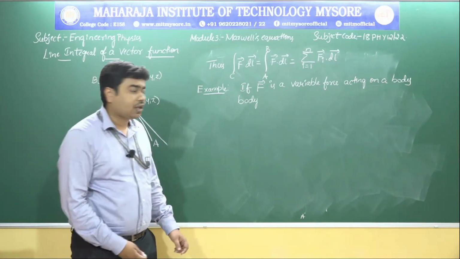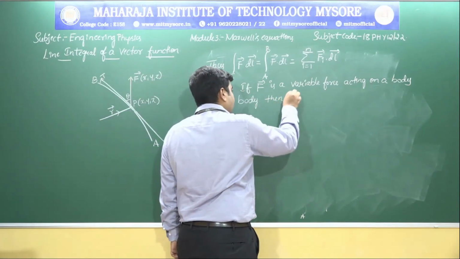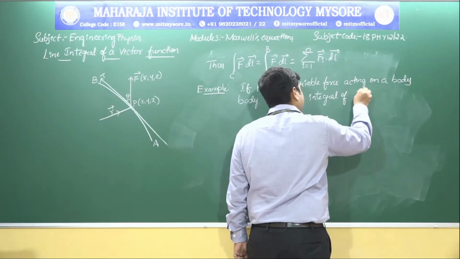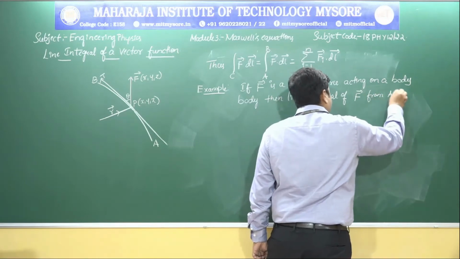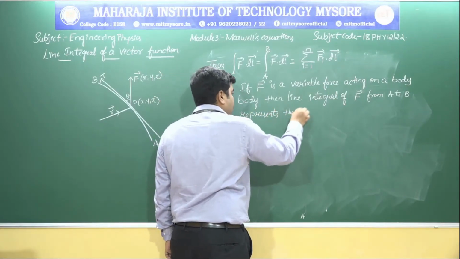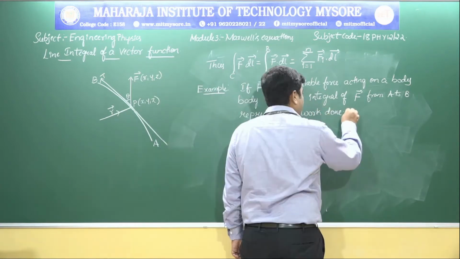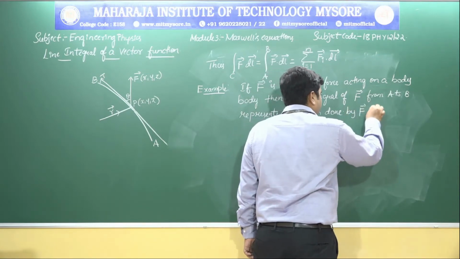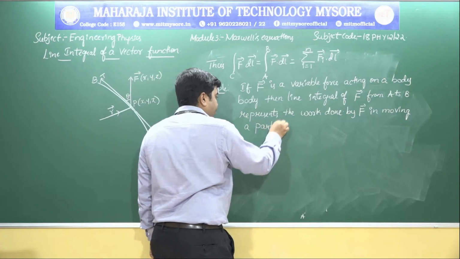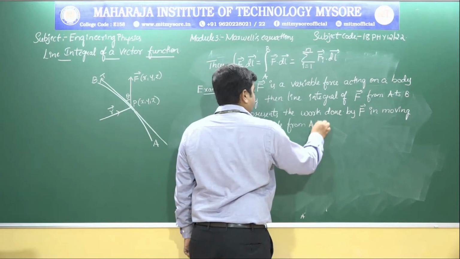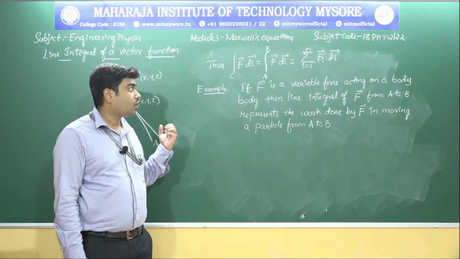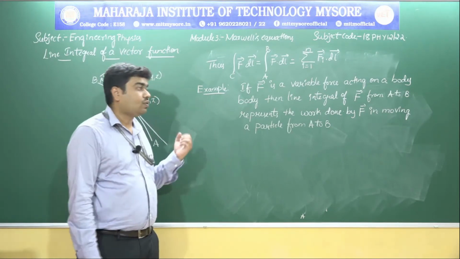Then the line integral of vector f from A to B represents the work done by vector f in moving a particle from A to B. This is one of the examples for the line integral, wherein we consider vector f to be a variable force acting on a body.